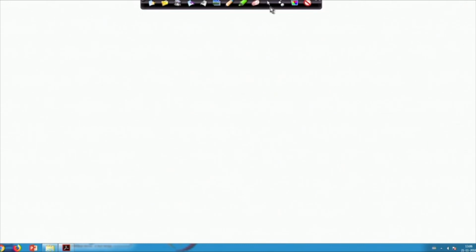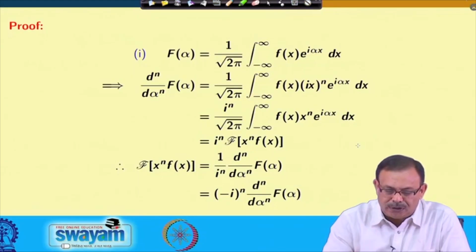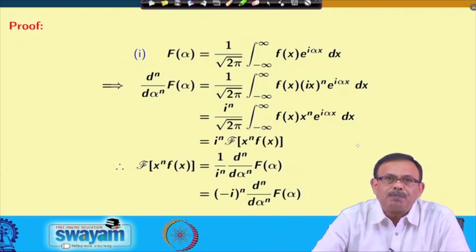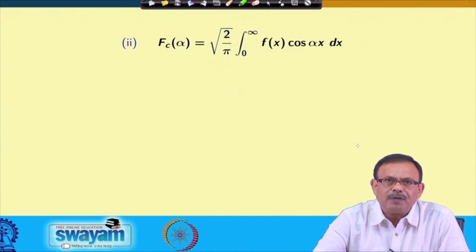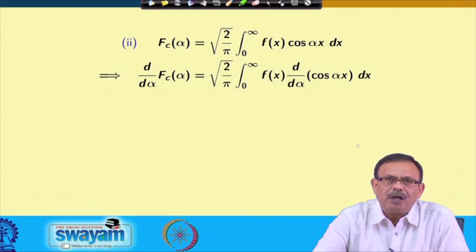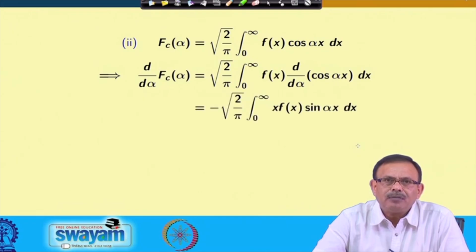So, let us again go back to this. This already we have shown. For the proof of the second part, we start with the Fourier cosine transform of alpha equals this integral from the definition. From here we write d by d alpha of the Fourier cosine transform of alpha as this, and this equals minus root over 2 by pi, integral 0 to infinity, x f x sin alpha x, which is nothing but again the Fourier sine transform of x f x.